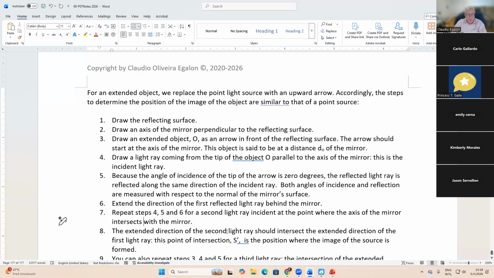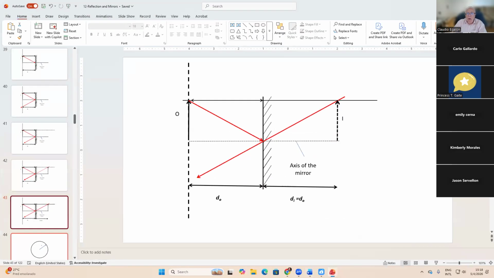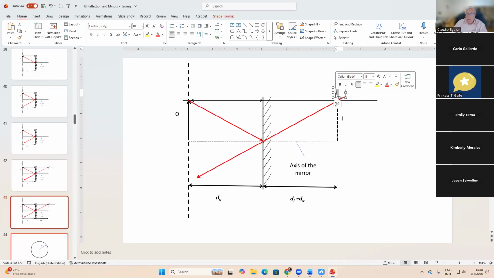The extended direction of the second light ray behind should intersect the extended direction of the first light ray. This point of intersection, let's name it S prime.